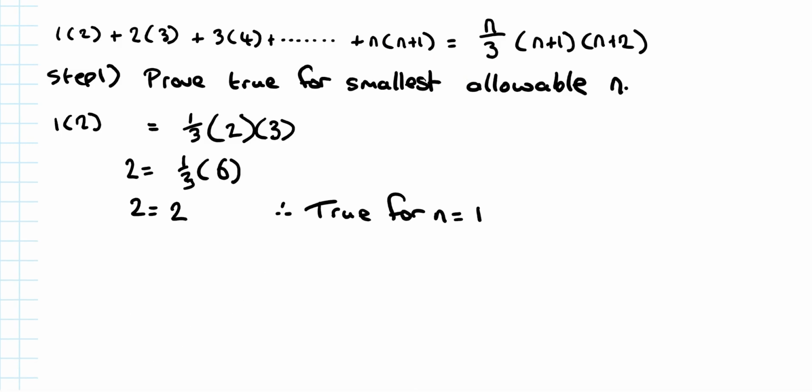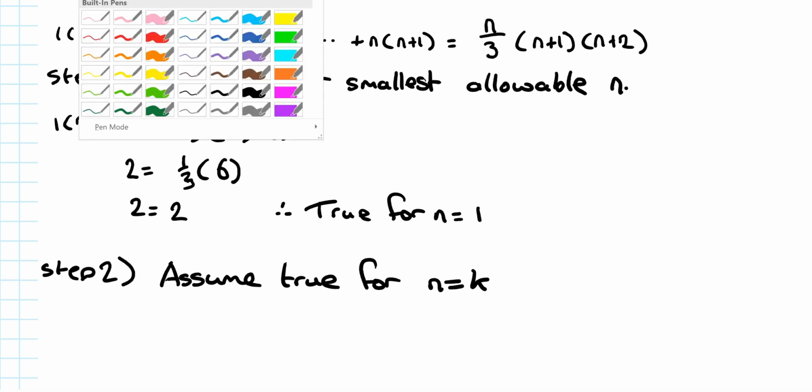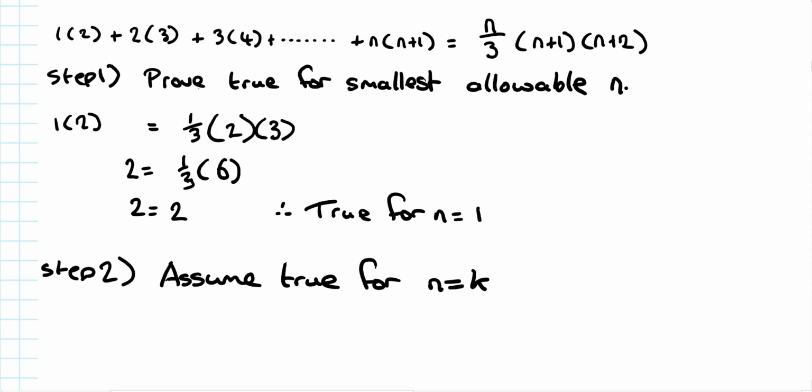So step 2 then. Assume true for n is equal to k. How do we do that? Well, anywhere back up here in our series, we are removing the n and we're subbing in k.